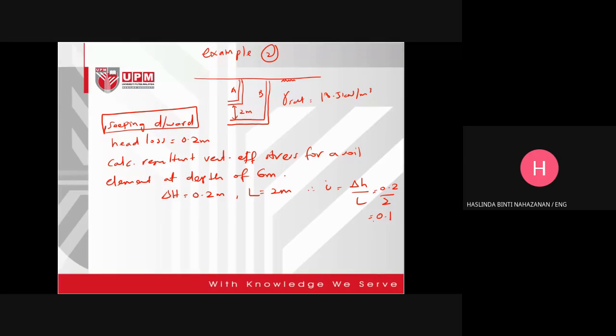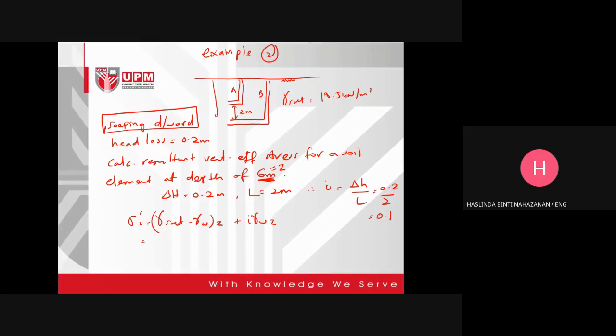To determine effective stress at 6 meters, it is saturated minus gamma W, the effective unit weight, multiplied with Z, plus, because it's seeping downwards, plus i gamma W Z. The question asks for Z equals 6 meters.